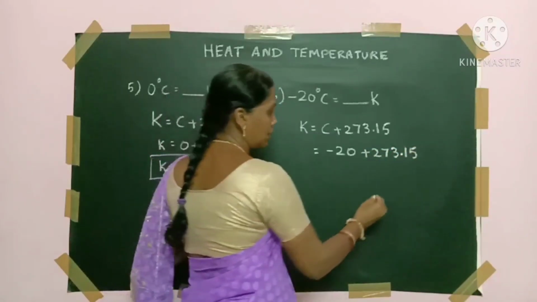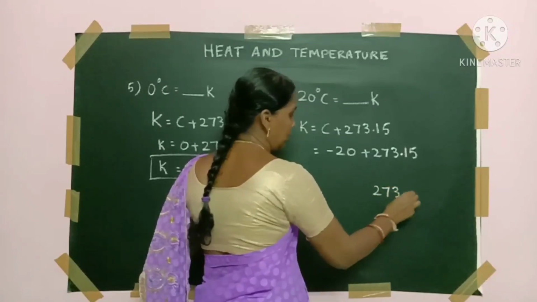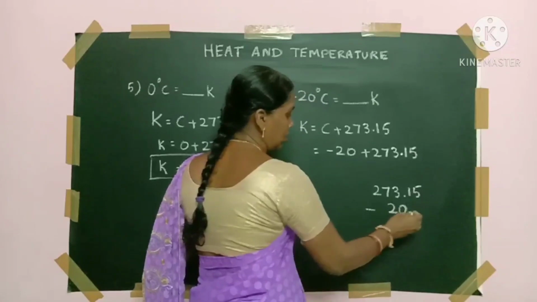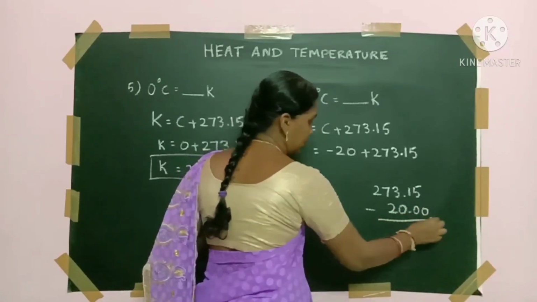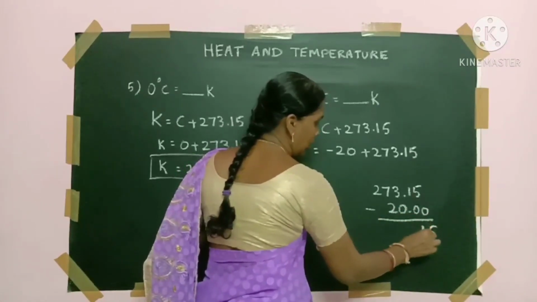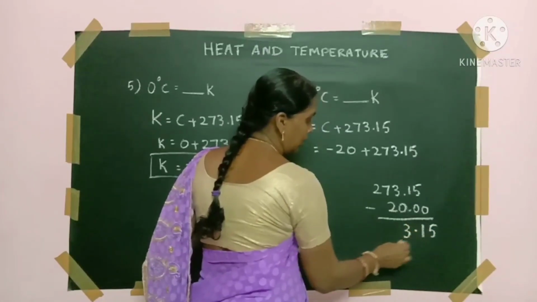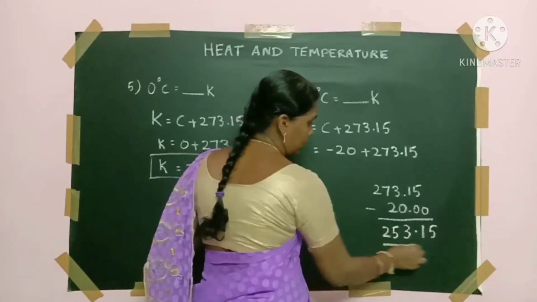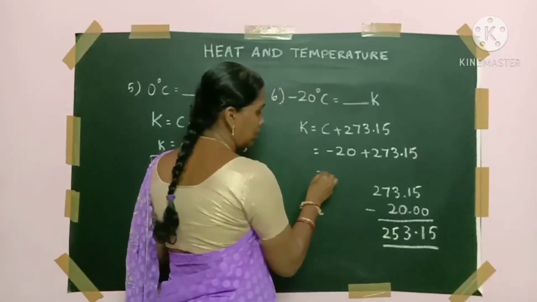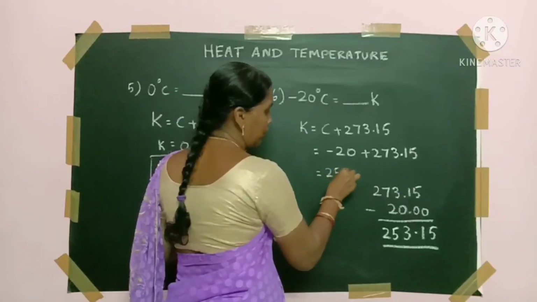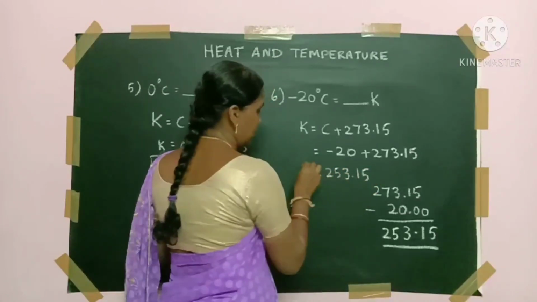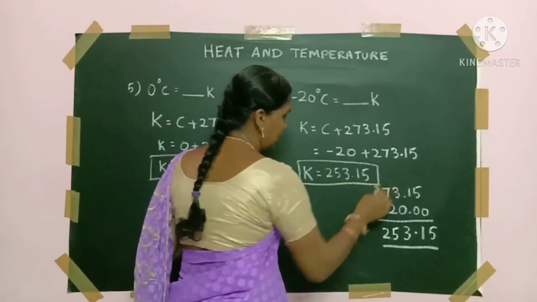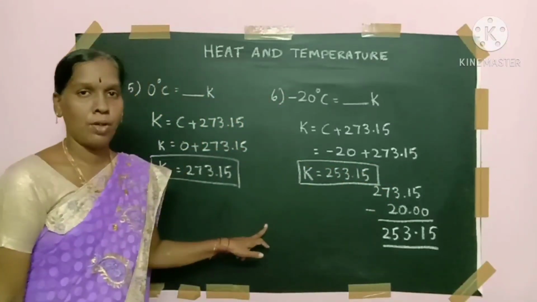How will you do the subtraction? 273.15 minus 20 gives 253.15. For Kelvin, no degree should be put. So you get the value 253.15.